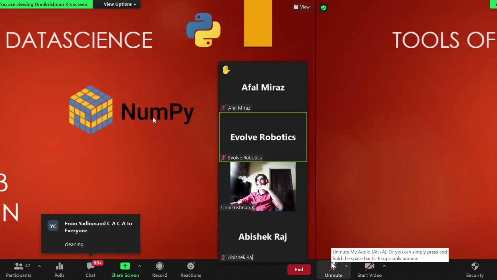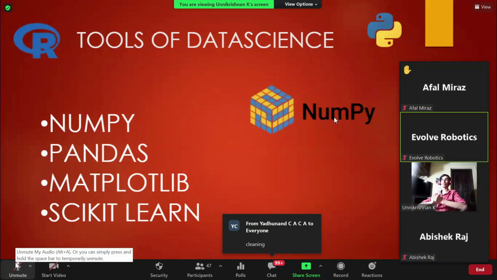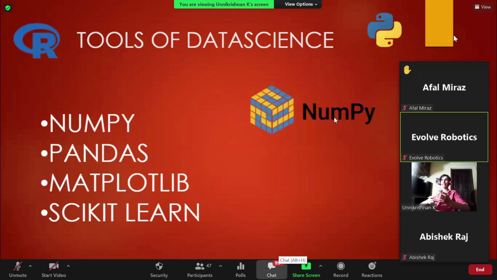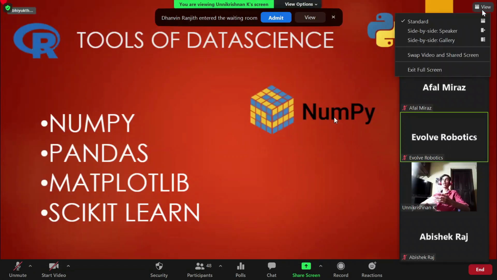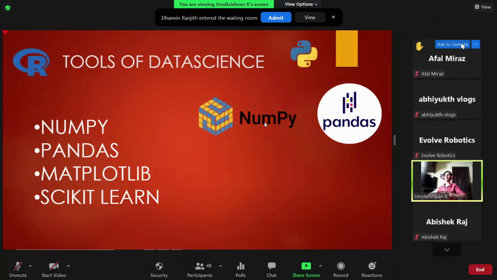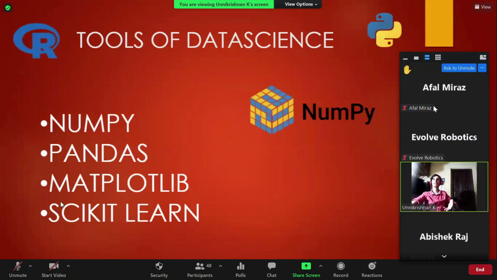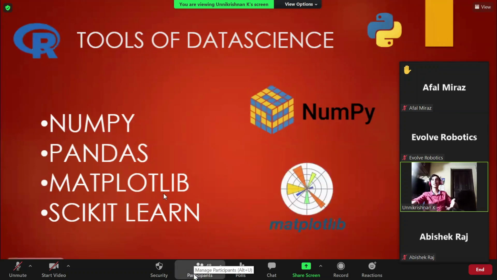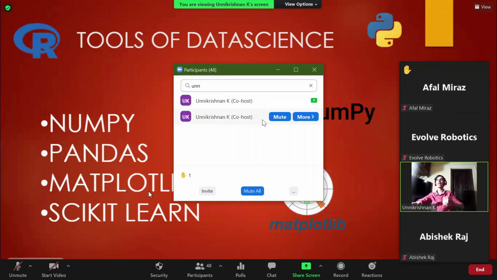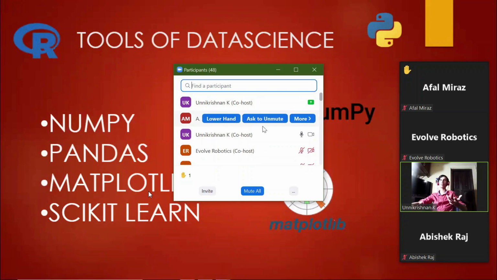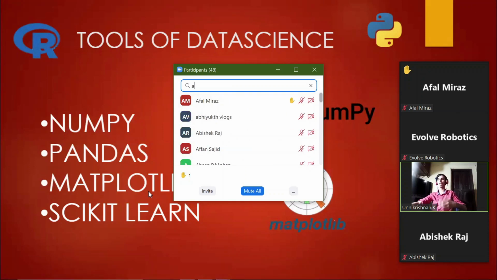Yes, cleaning of data. We mainly use pandas for cleaning data. So to arrange the data in a column-row manner and to remove unwanted data entries and all, we use pandas. And then we have matplotlib here. Matplotlib, the name itself suggests plot, right? It is used to plot a graph, let it be bar graph, pie chart, or line graph, whatever.